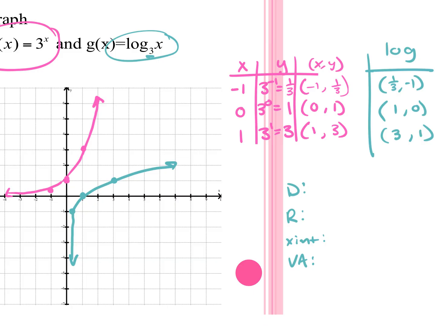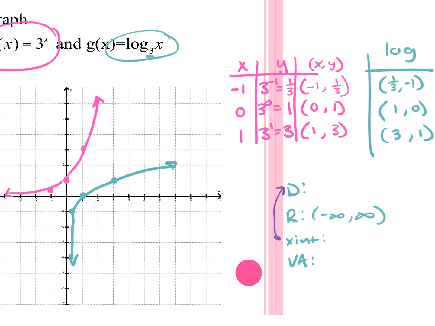What would our range be? Negative infinity to positive infinity, always negative infinity to positive infinity for our log functions. Our domain and our vertical asymptote go hand in hand. These are going to be the same value. What do we do to find the domain or the vertical asymptote?